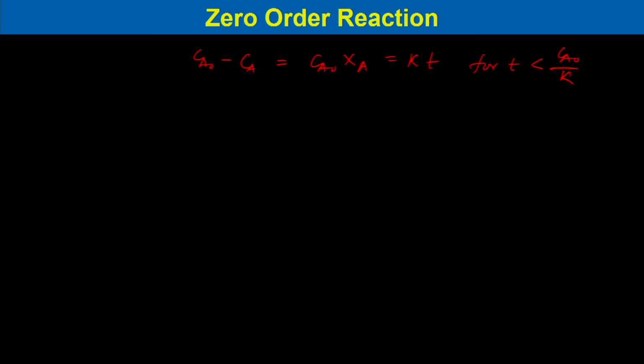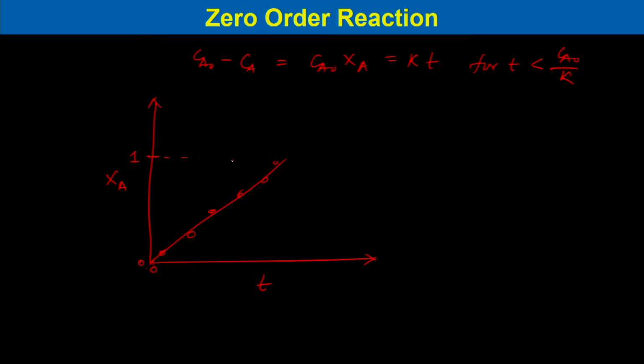Now, if we plot X_A versus time, the curve will pass through the origin, with conversion going from 0 to 1, say over here it is 1.